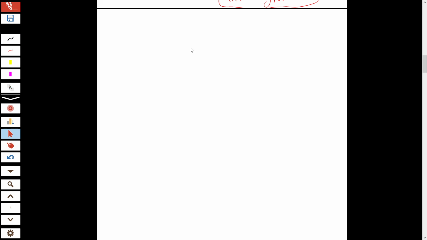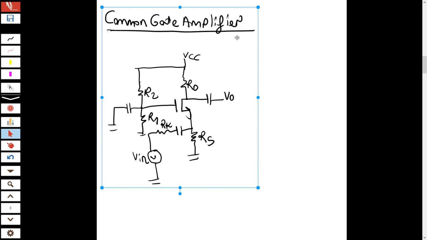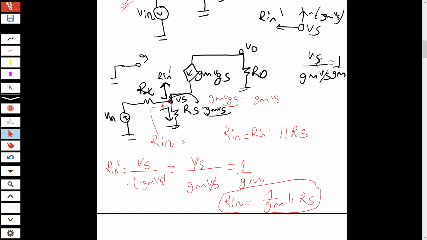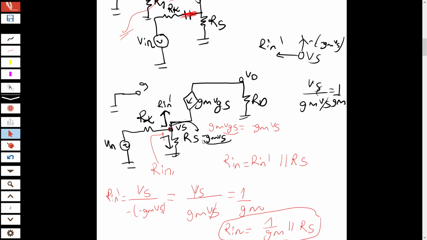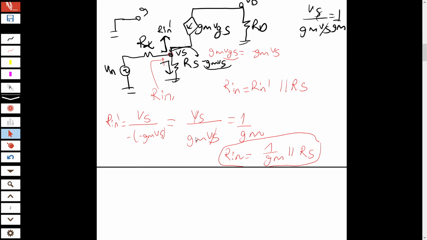So let's find the gain. Gain equals V out over V input, and there are two paths: one is V out over V source, and the other is V source over V input.